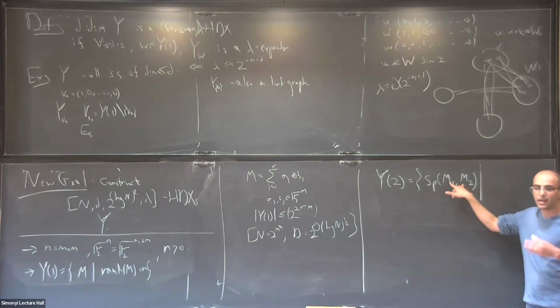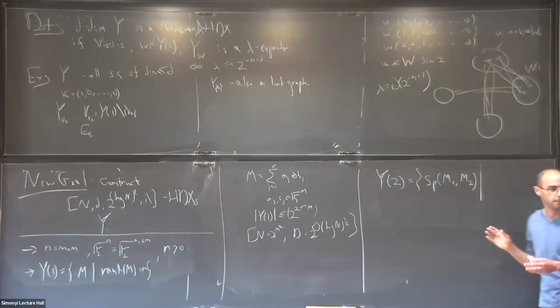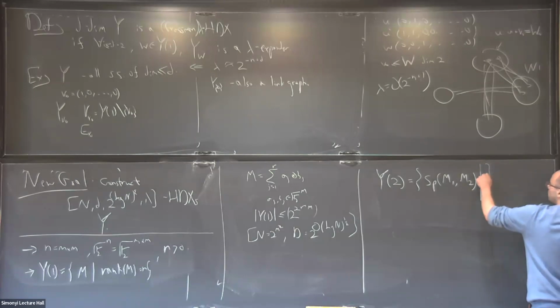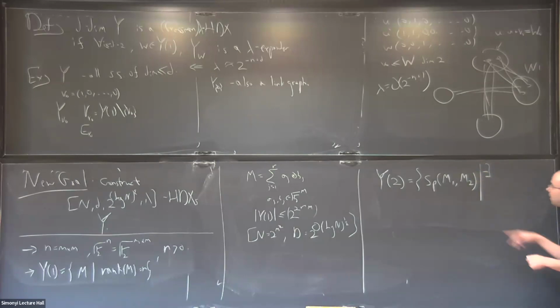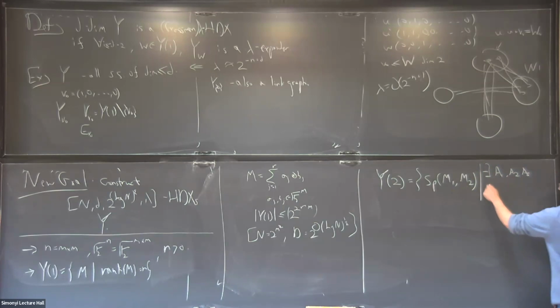And I could have just taken all such subspaces, but to generalize this, we will need some more structure on them. And so this is what Louis does. He says all M1 and M2 such that there exist three matrices A1, A2, A3 of rank r over 2. So I will require that the rank is a half.